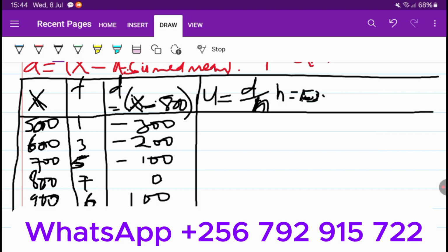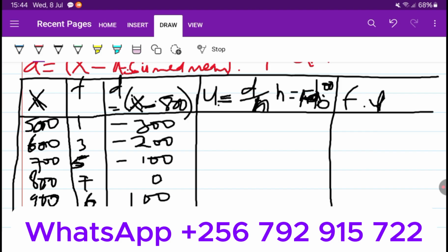We picked 100 as our h. Then we get the fu, f times u. So we go ahead and multiply. We multiply f times u, the u that we are computing here.